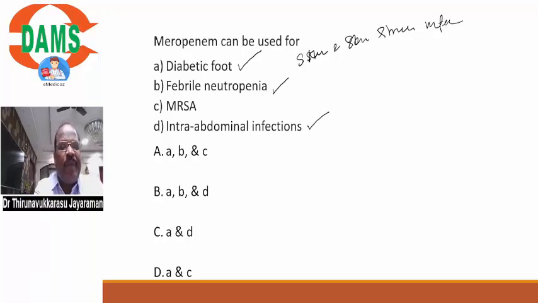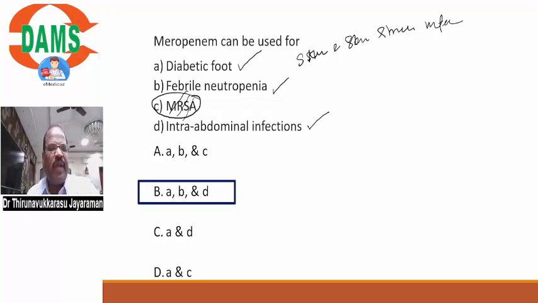The action of meropenem on MRSA is doubtful. It does not have that much effect on MRSA. So the answer can be option A, B, D. That is, option B is the right answer.